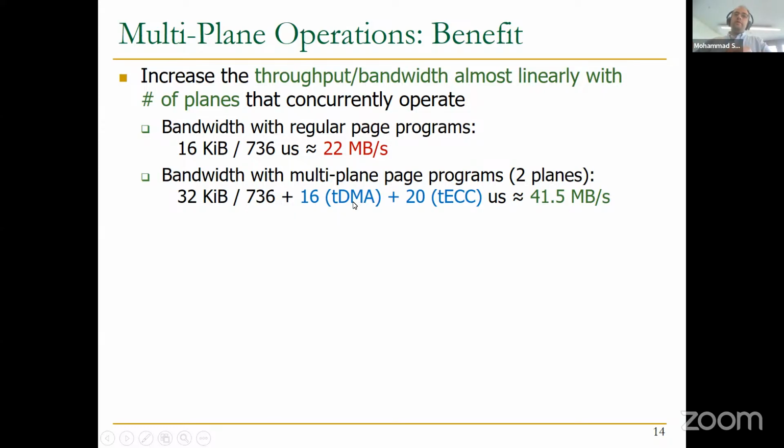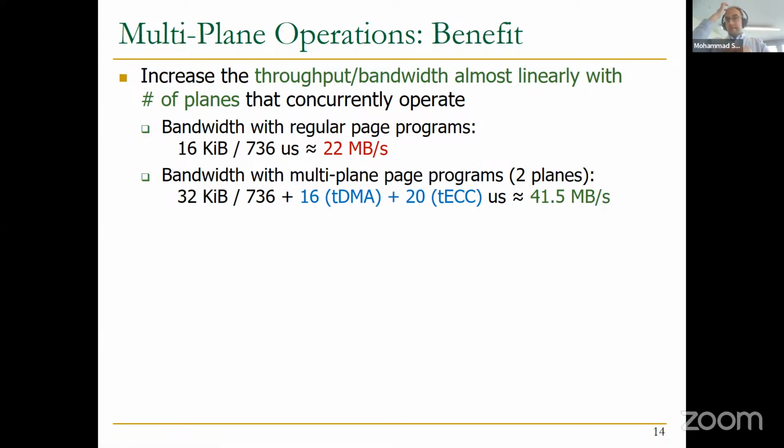But you actually need to spend TDMA and TECC serially, so you need to add them here as well. It's going to be 700 plus 16 plus 20 plus 16 plus 20 microseconds.